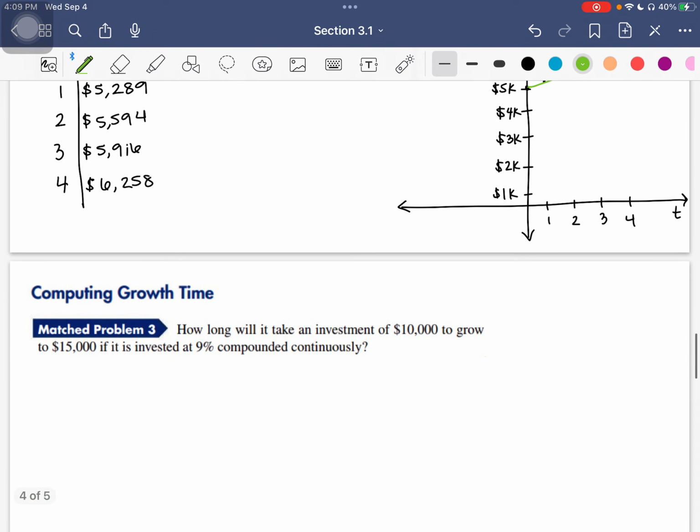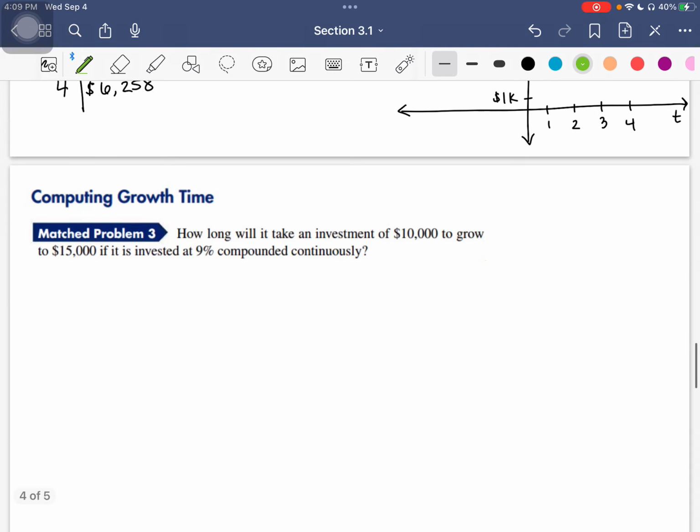And the last thing we're going to look at is computing growth and doubling time. So for this example, we're looking at how long will it take an investment of 10,000 to grow to 15,000 if it is invested at 9% compounded continuously. So since we're dealing with compound interest, compounding continuously, we know we're going to have to use this formula here.